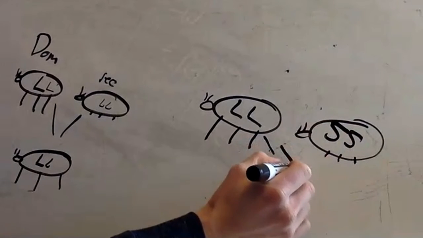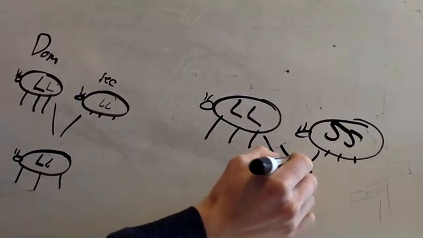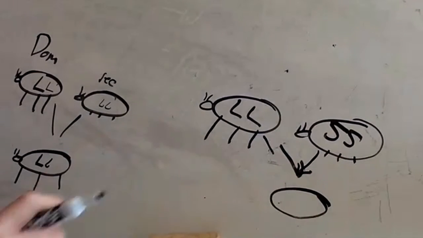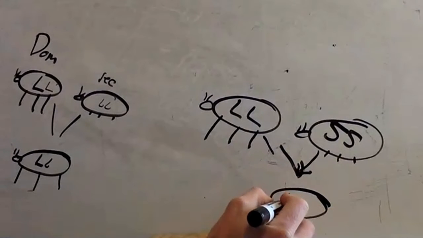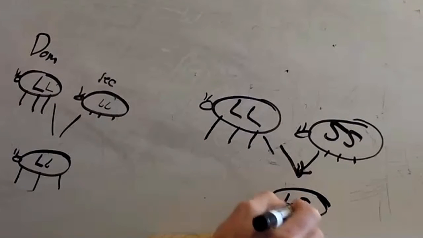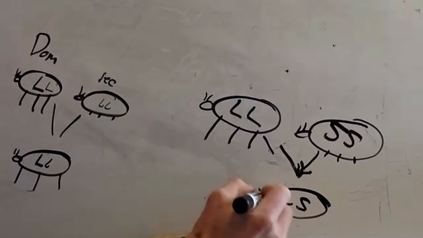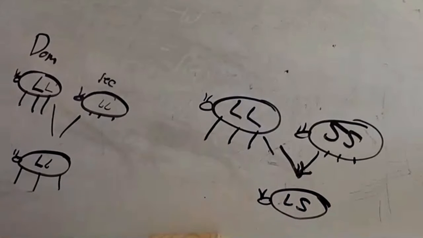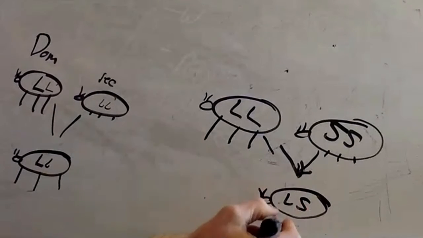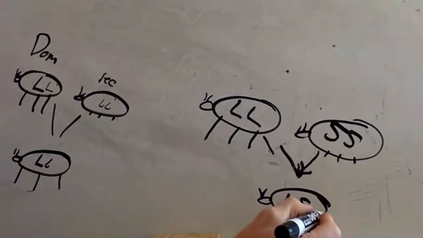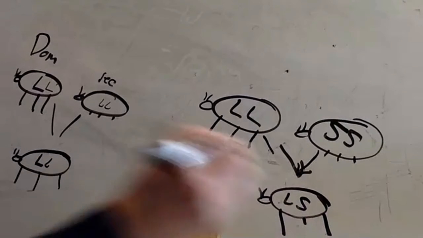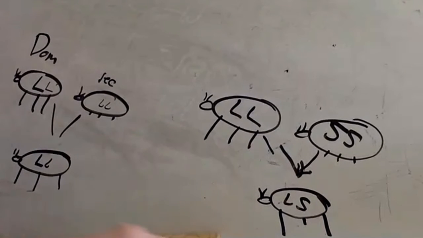If they made a baby, their baby is going to have one long allele and one short allele. And so what's it going to look like? Take a guess. Hopefully you guessed that it's going to have some long legs and some short legs at the same time. Now, that would be kind of weird, but things like that are possible.